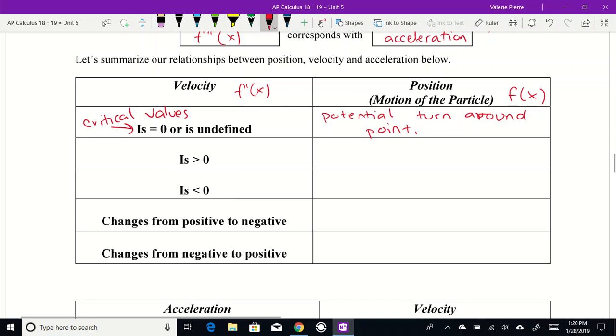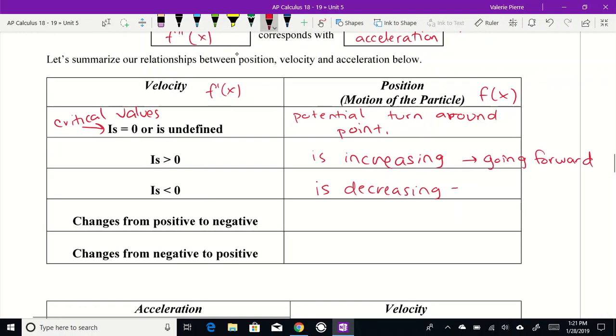If our velocity is greater than 0, then our position, the motion of our particle, is increasing. If our velocity is less than 0, then our particle is decreasing. And when we say increasing, we mean going forward. And by decreasing, that means going backwards, or going back to where it started.